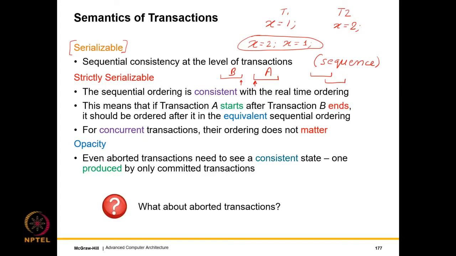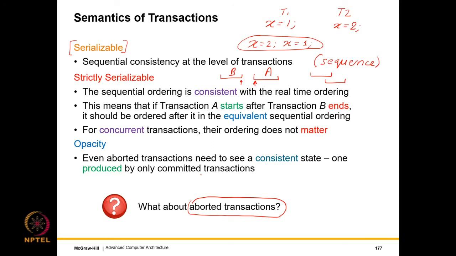Now we'll come to opacity. Opacity is tricky, but in a large number of cases, it's actually required. So far we have only talked about committed transactions. We have not said anything at all about aborted transactions. So do aborted transactions need to see a consistent state, which is a state produced only by committed transactions?